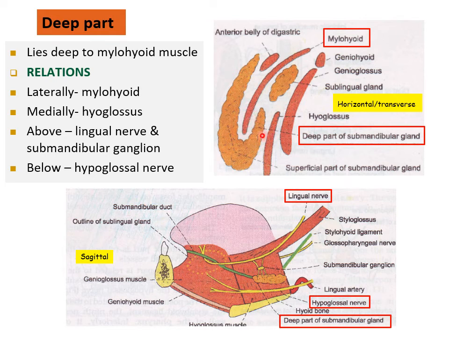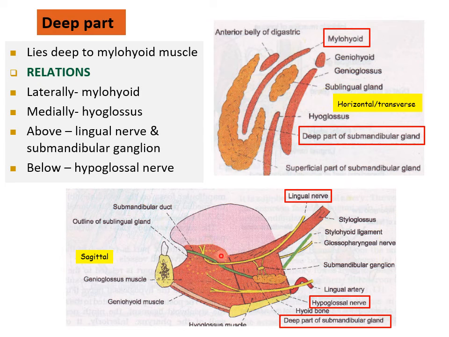Now we will see the relations of this deep part using the horizontal section and sagittal section of the submandibular region. In the horizontal section you can make out the lateral and medial relations. Laterally it is related to the mylohyoid muscle. Medially it is related to hyoglossus.